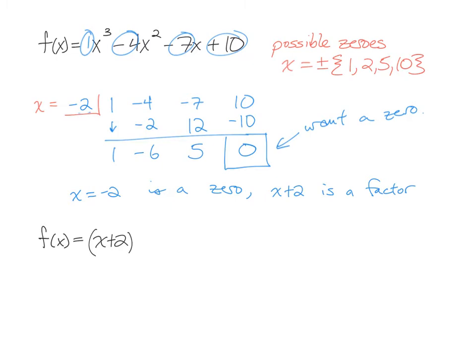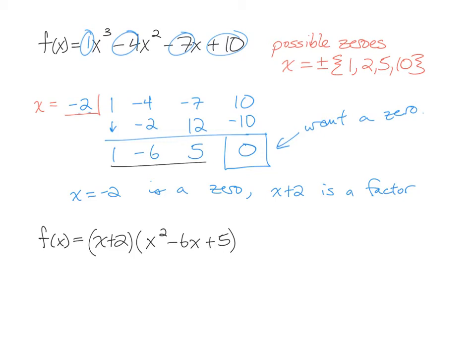What is the other factor here? Well, the other factor is this one right here. It would be x squared minus 6x plus 5. Okay, so I see something that is linear, and something that is quadratic. You guessed it. Does the quadratic factor?